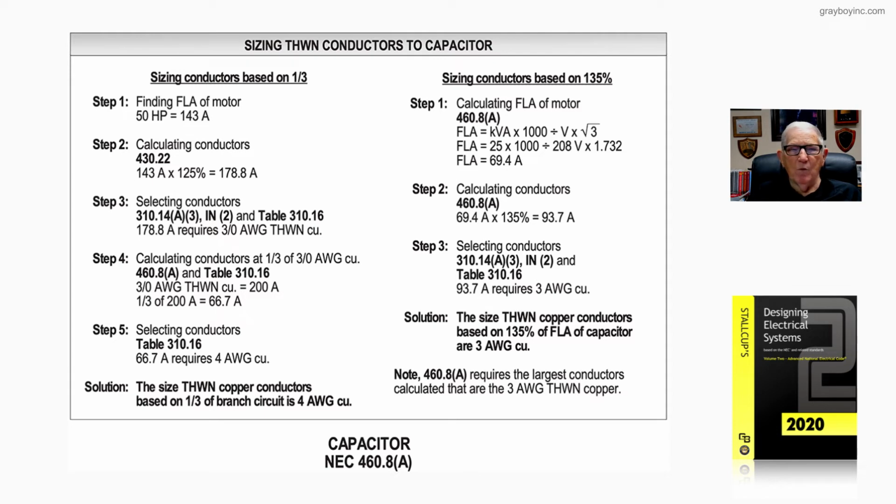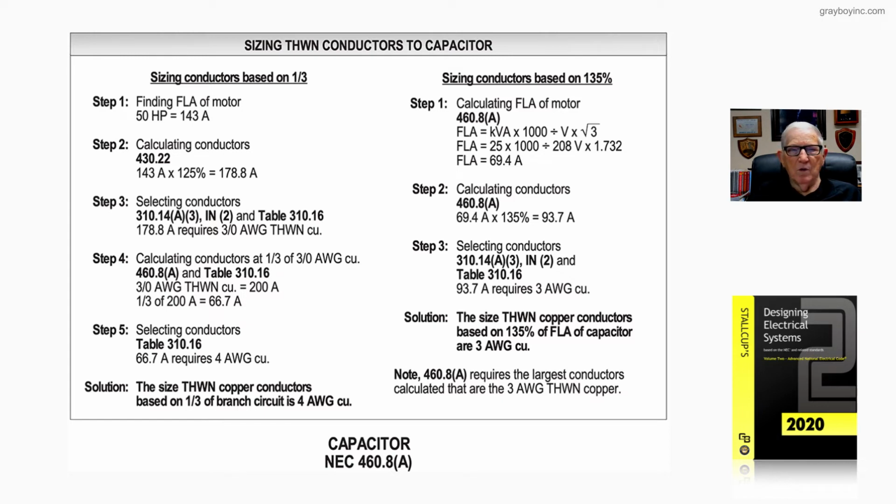So we'd pick up 1/3 of that, and it'd be 66.7. So that's why we use the 75-degree column, because the ampacity is over 100 amp. Again, look at table 110.14 C1 A and C1 B, I believe it is.